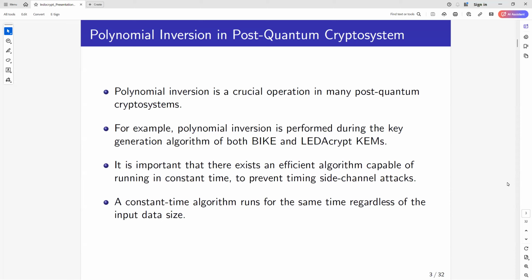To protect this operation from timing side channel attacks, we need a constant time algorithm. So what does a constant time algorithm do? Irrespective of the input size, it always runs the same amount of time.